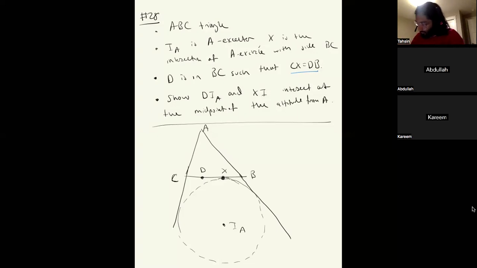So before we continue, let me ask, what really is D? So D has this strange condition, but let's really ask, what is D? There's maybe a better way to think of the point D. So this is where you take the tangency point of the excircle with the nearest side, and then you reflect over the midpoint. Whenever you see this, you should think it's actually something else secretly.